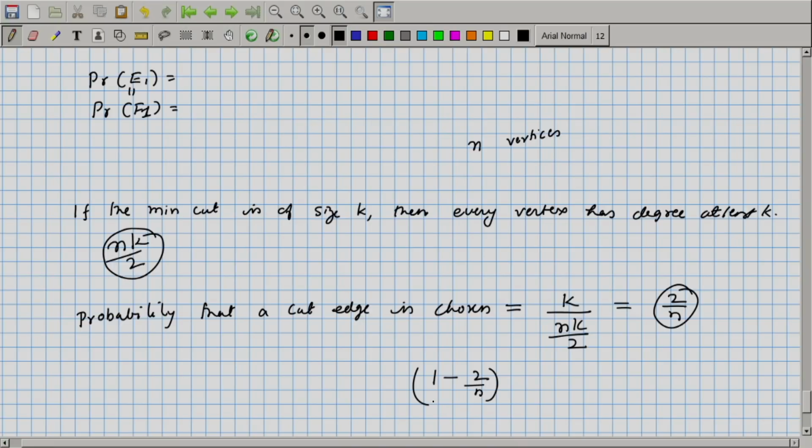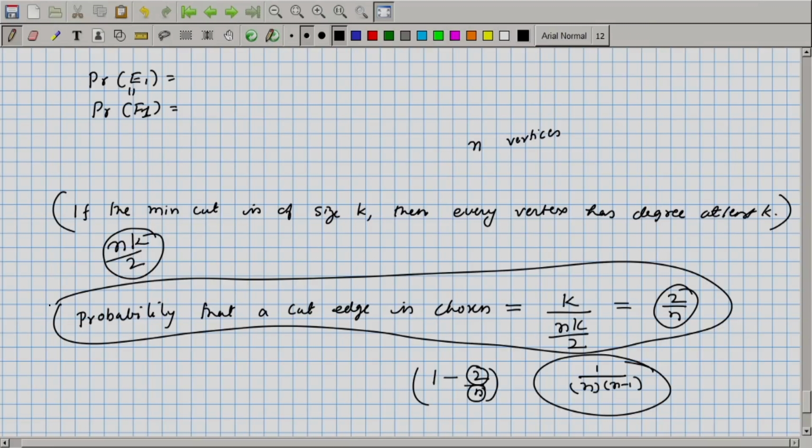Now, as the algorithm progresses, these values are going to change, but the idea that we used here can be extended using the method of conditional probabilities. In the end, we can bound the probability by something like 1 by n into n minus 1, by an argument very similar to the one we did here.